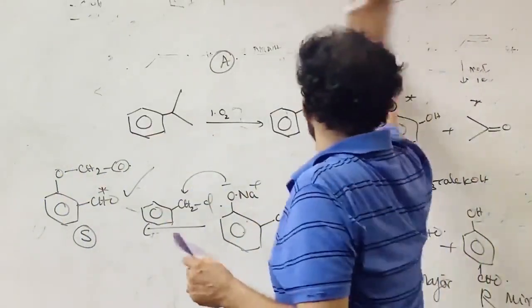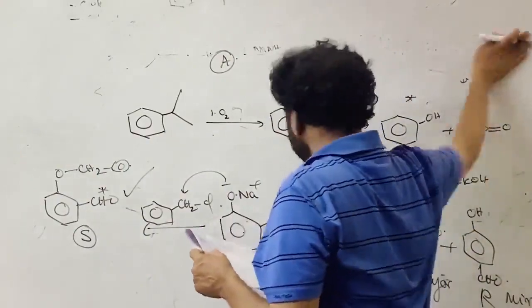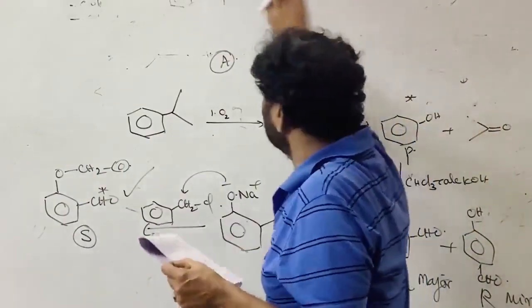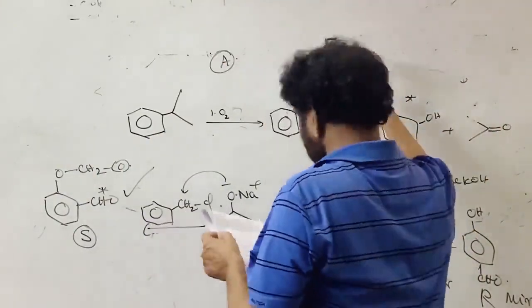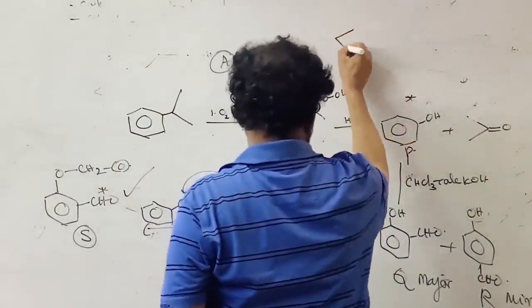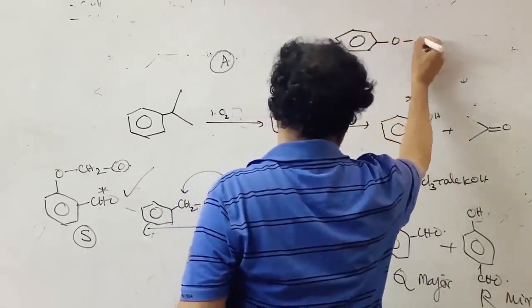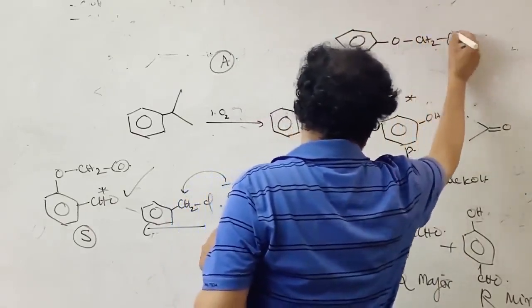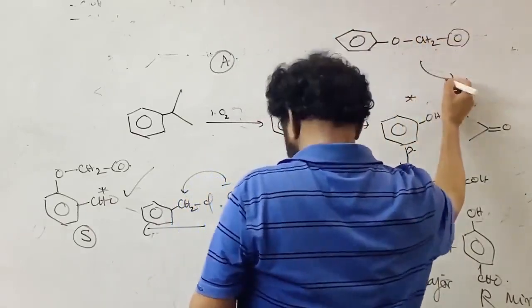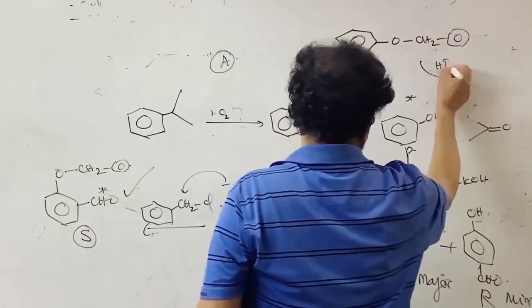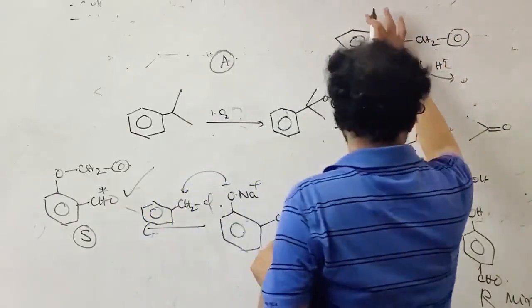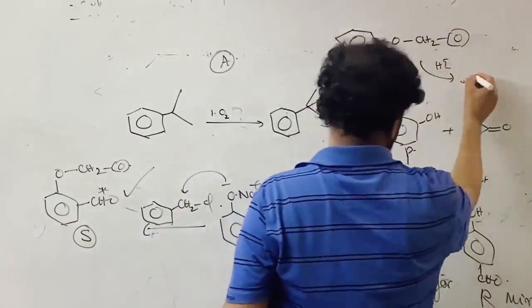The next one is in the given problem. A phenyl benzyl ether is given, treated with HI. This is protonated. Always the phenyl group is converted into the phenol.